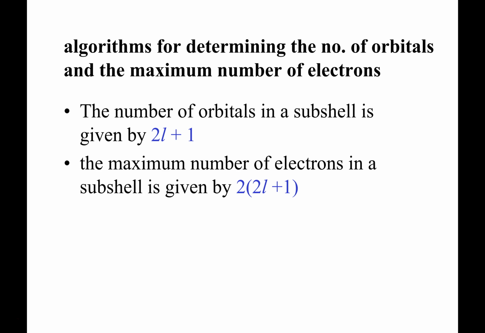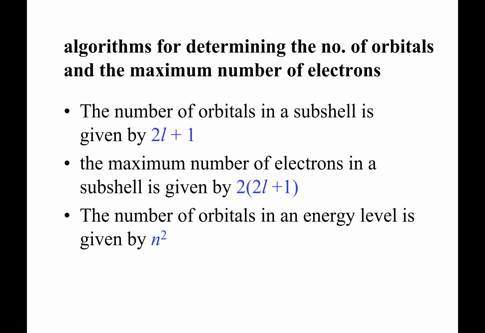So this is how many electrons you could put in each subshell type. This just goes back to what you told me: 2 electrons here, 6, 10, and 14, etc. And this is the n squared thing I was talking about. So this is taking it back a step, and it's saying if you go to a principal energy level, and on a test or somebody in general wants to know, for that principal energy level, how many orbitals can I have?